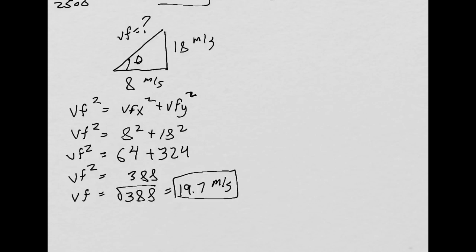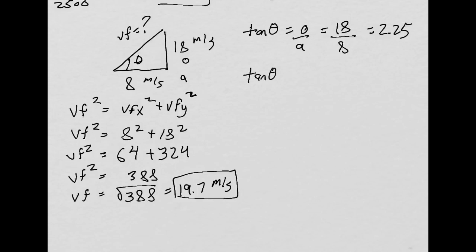But in what direction? We now have to use SOHCAHTOA. So this is our opposite, and this is our adjacent. So that means that tangent of theta is equal to O over A. That's 18 over 8. 18 over 8 is 2.25. So tangent of theta is equal to 2.25.